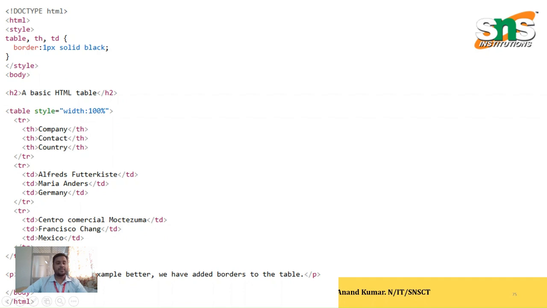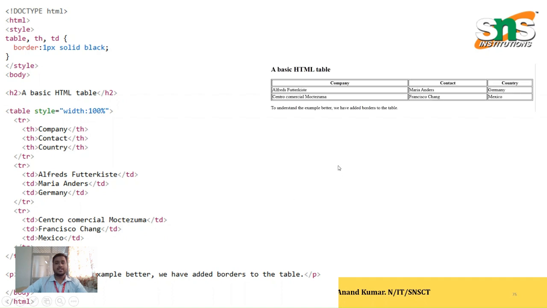To understand the example better, we have outer borders on the table. So this is the output. Considering there are three rows, one, two, and three, and of course there are three columns. The table header, that is the company, contact, and the country, uses the tag th, and Alfreds Futterkiste, Maria Anders, and Germany use this td, and the output will be this line.